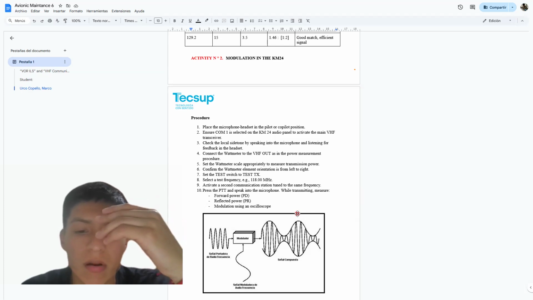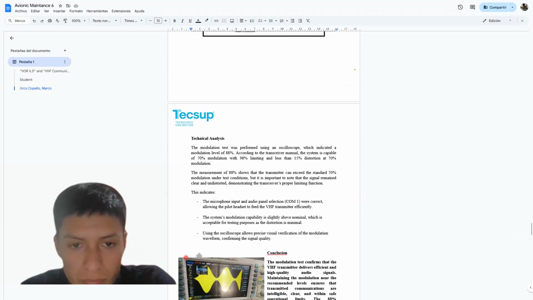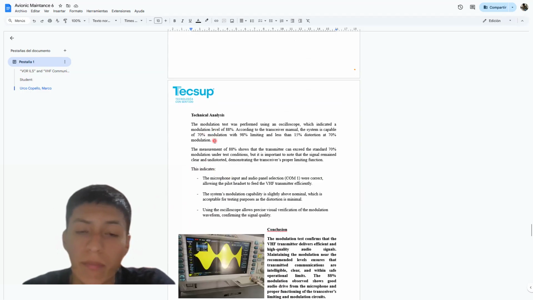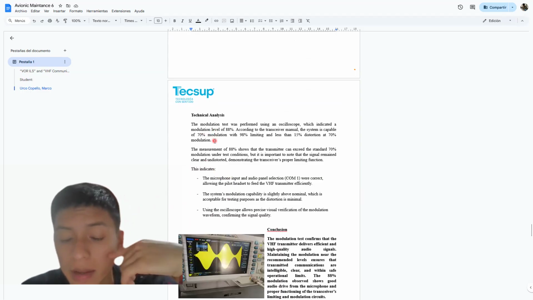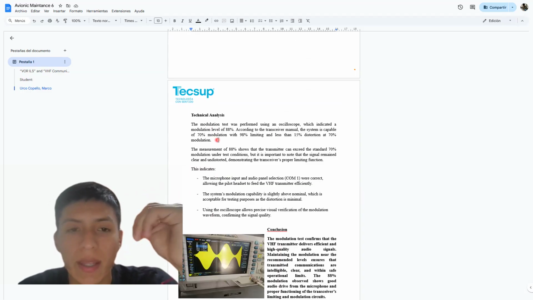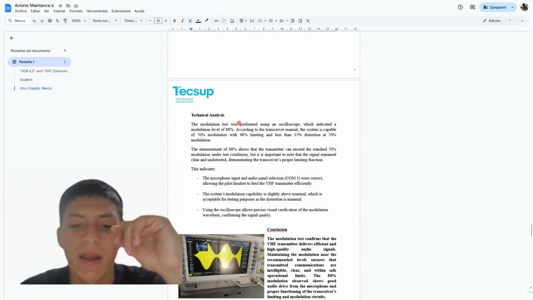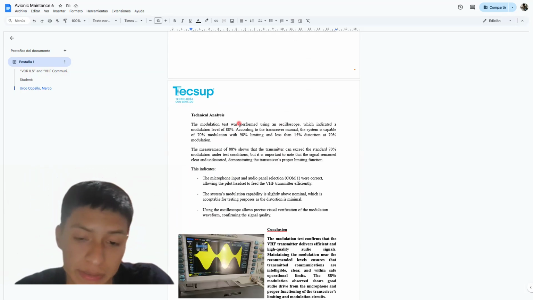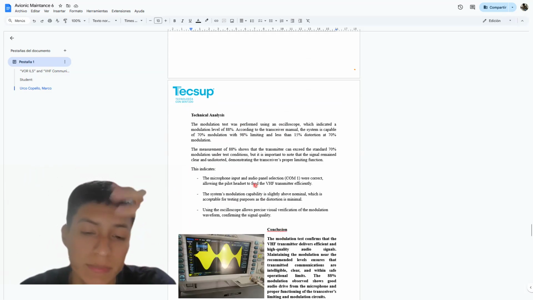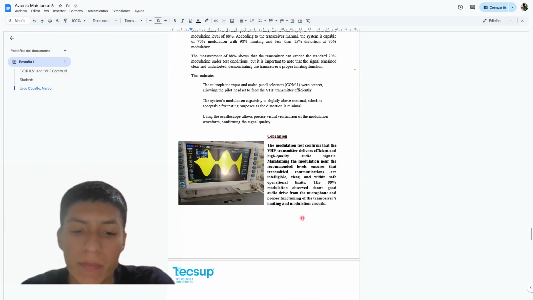The manual says 70% modulation; in my case it is 88%, slightly higher than the nominal 70%. The signal was stable without distortion, confirming the transmitter and the modulation circuit were operating properly.